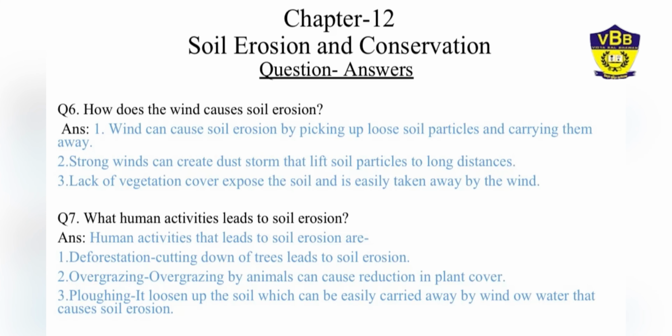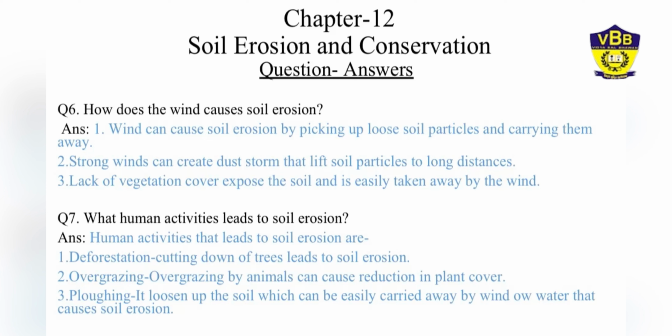Question number 6, how does the wind cause soil erosion? So as I have told you, there are 3 main factors that cause soil erosion: water, wind and human activities. So here you have to write only about wind. The wind causes soil erosion by picking up loose soil particles and carrying them away. Strong wind can create dust storms that lift soil particles to long distances.